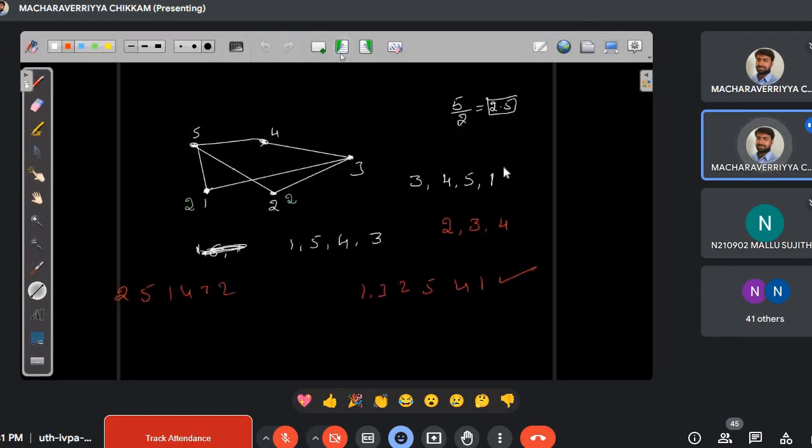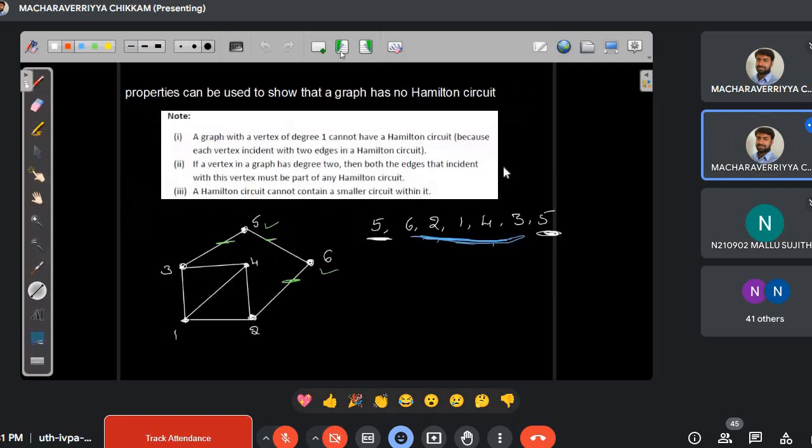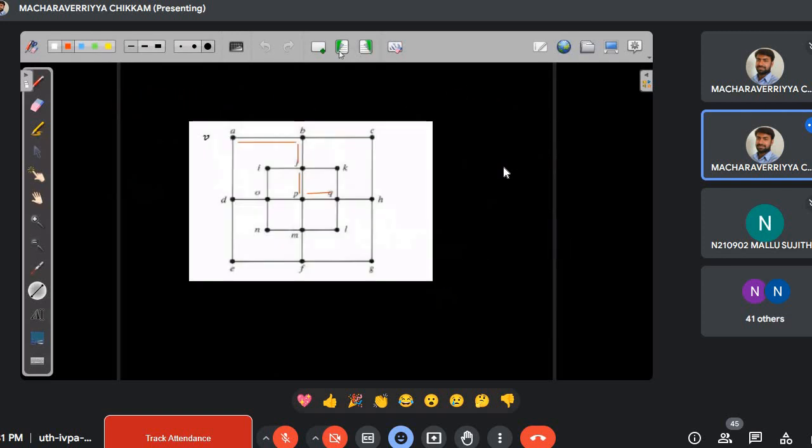Let me see what is that condition. A Hamilton circuit cannot contain a smaller circuit within it. But seeing this picture, you can't say that these are all the circuits which lie inside. For example, what if I travel this way, I to J, then to K, then to Q, then I'll come back to P, and P to M.